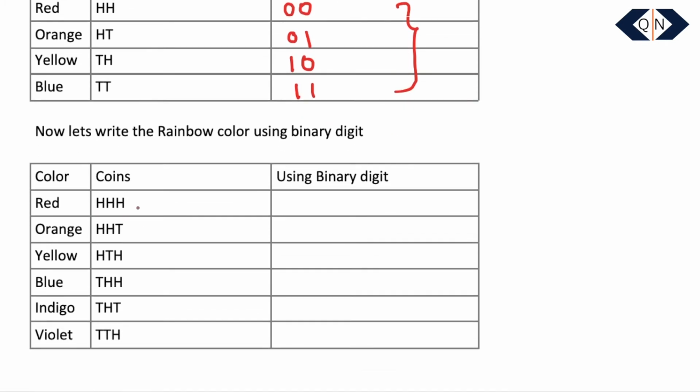So now let's write the rainbow colors using binary digits. We have already written this in the form of coin states, means head and tail. Now we will write it using binary digits. For red color the binary digit will be 0 0 0, three heads. Then for orange it will be 0 0 1.